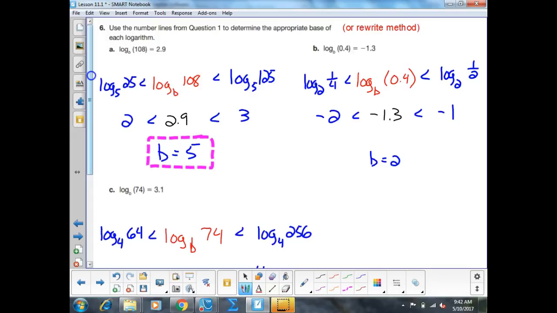Freddie, you're shaking your head no. What did you choose for a b? Didn't understand it? Okay, let's try it a different way. Let's go with 3 then.